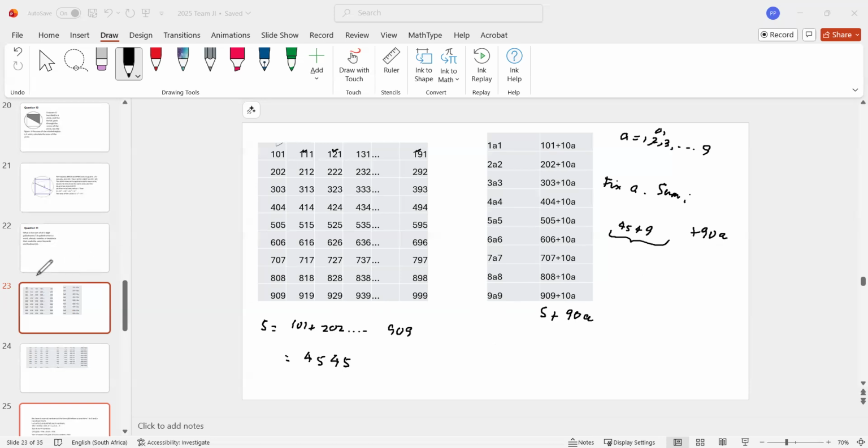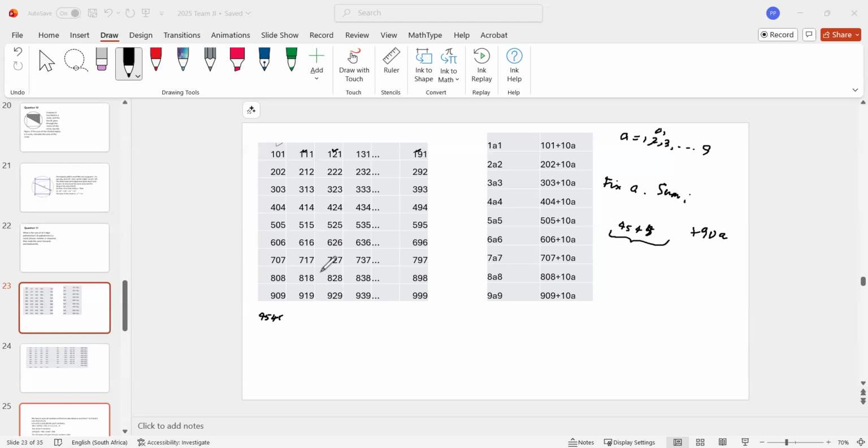It means that this A, I fixed it. But now, if I make A equal to 0, then I'm looking at this column here. This sum here is 4545.